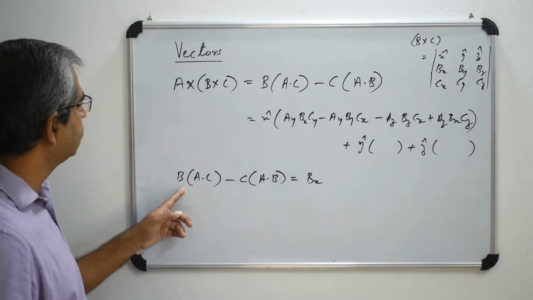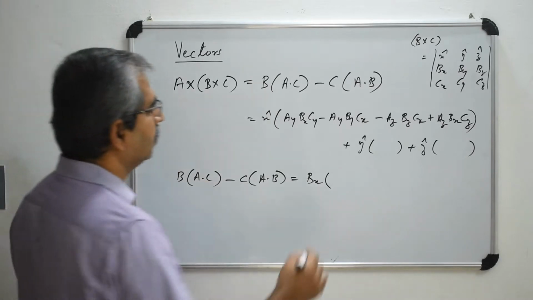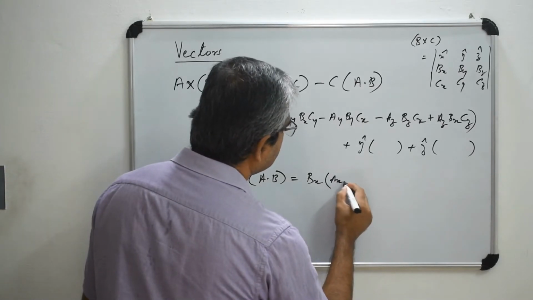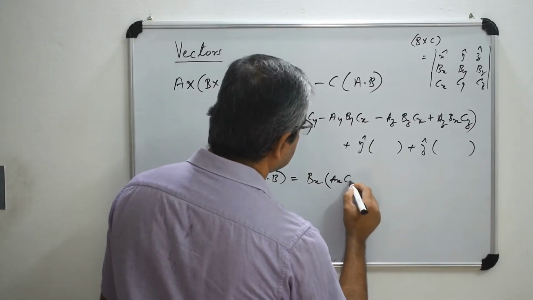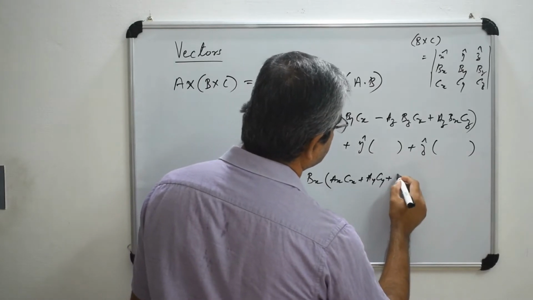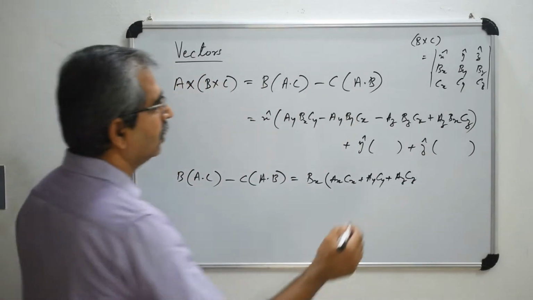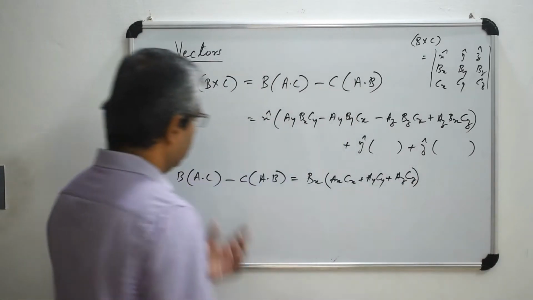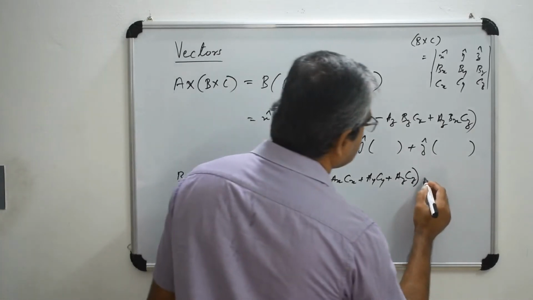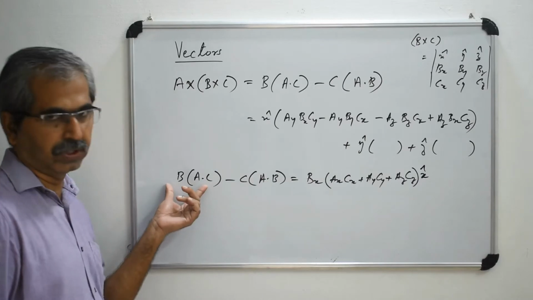So you can write the X component for this one. That is Bx into, what is A dot C? A dot C is Ax Cx plus Ay Cy plus Az Cz, into X cap. So that is the X component for the first term, isn't it?